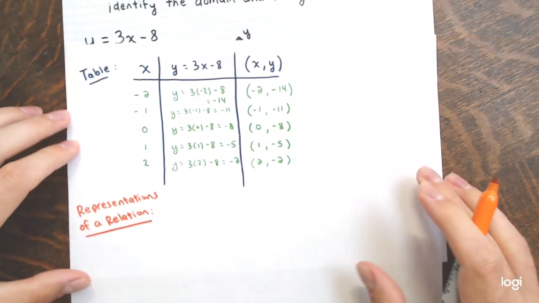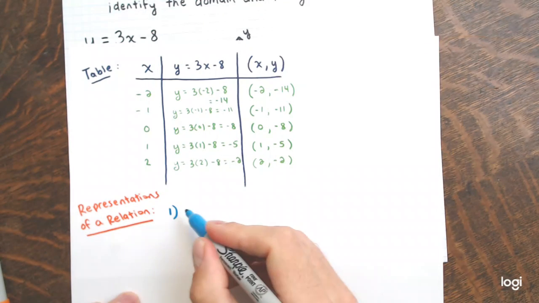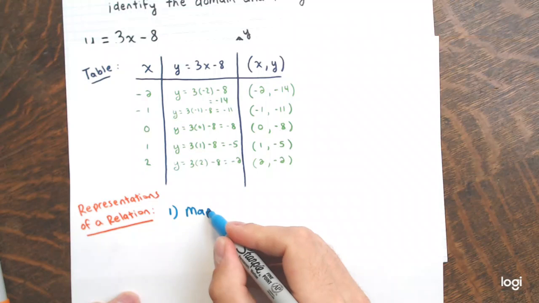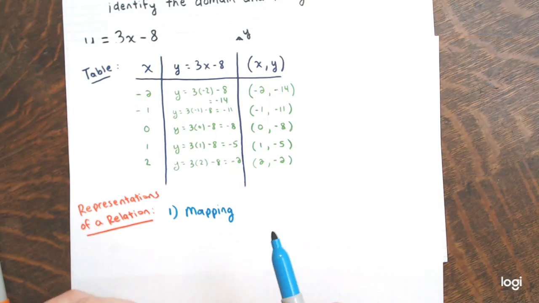All right, one is a mapping, or an arrow diagram, or just simply a map. Now, a mapping is great for relationships where there's only a finite number of relationships. There's not infinitely many ordered pairs.